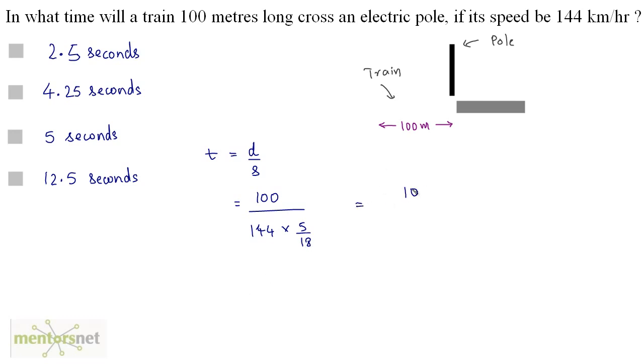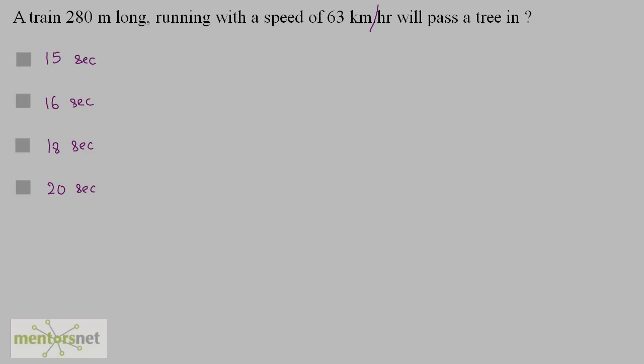So this is equal to 100 times 18 by 144 times 5. 18 times 8 is 144 and 5 times 20 is 100. So this is 20 by 8, and that's 5 by 2, and that's 2.5 seconds. So the time taken by this train is 2.5 seconds.